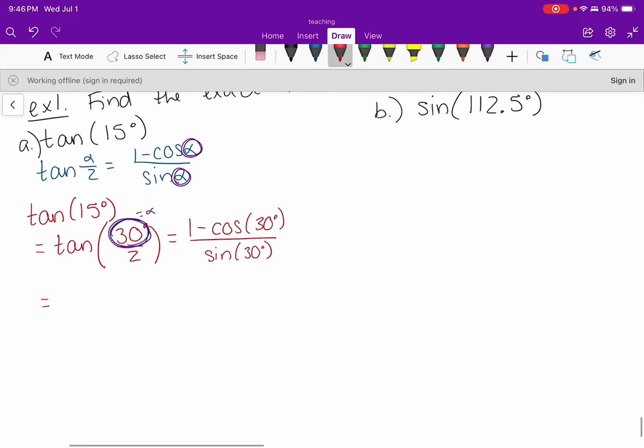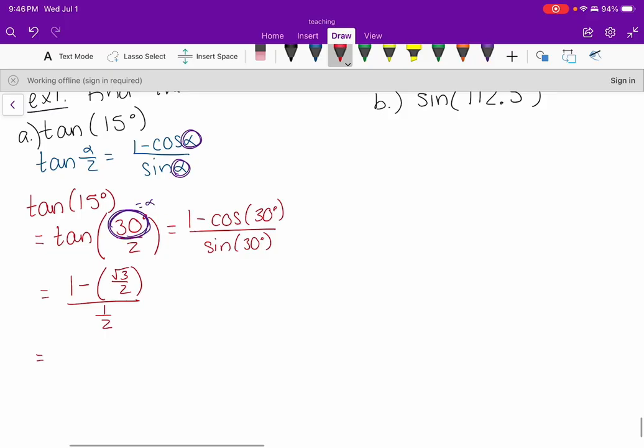I'm going to keep simplifying now. So I get 1 minus cosine of 30 is square root 3 over 2. Sine of 30 is 1 over 2. To simplify this, instead of dividing by 1/2, I'm going to multiply by 2, which is multiplying by the reciprocal, or keep, change, flip.